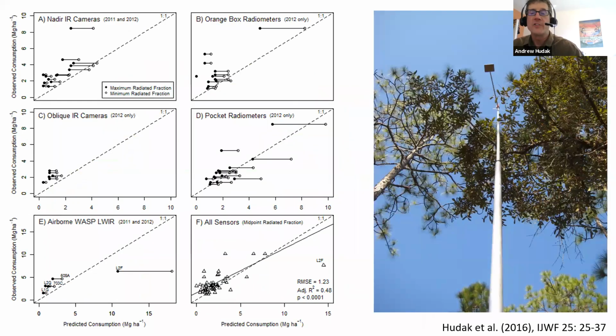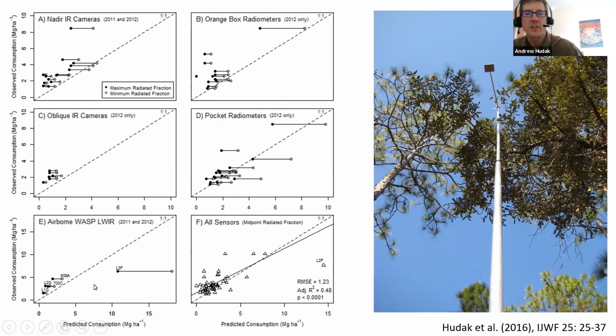So by these two approaches, I took the pre-fire fuel estimates from the LiDAR and predicted consumption based on our percent consumption estimates from the plots on the ground. And then from the FRE data, we converted that to a prediction of consumption represented on the x-axis. So this lower left figure here shows the summarized airborne WASP.